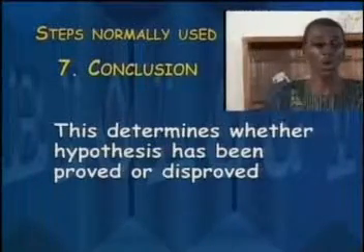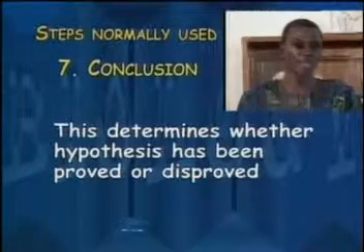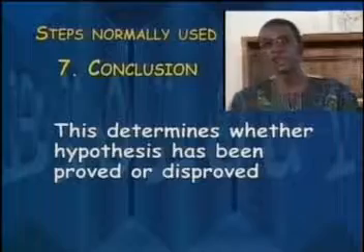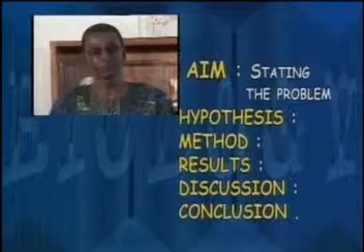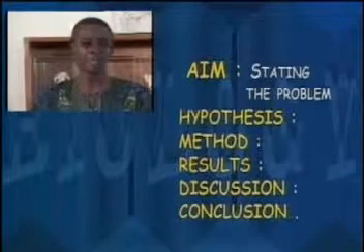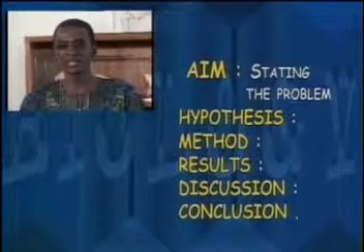After going through all these experimental methods, or the scientific method, you write up your whole experiment of investigation. And this is written in the form of aim, hypothesis, method, results, discussion, and conclusion.